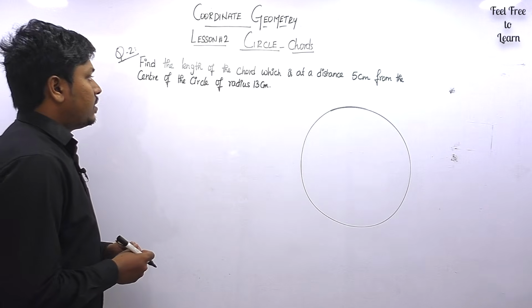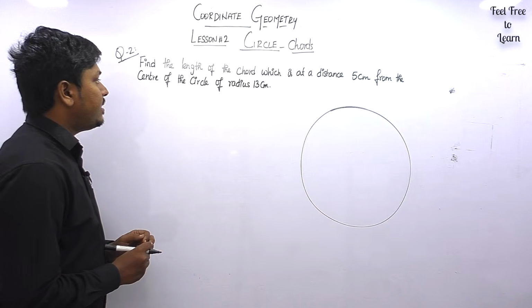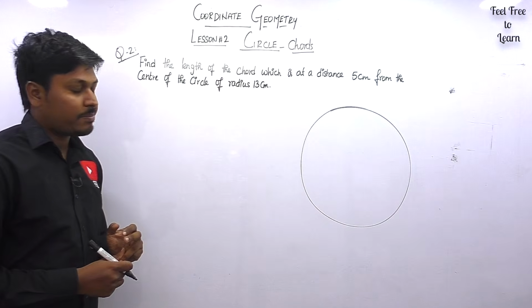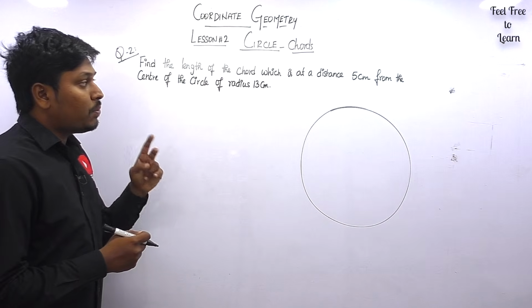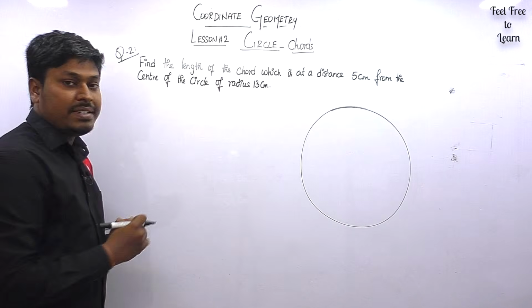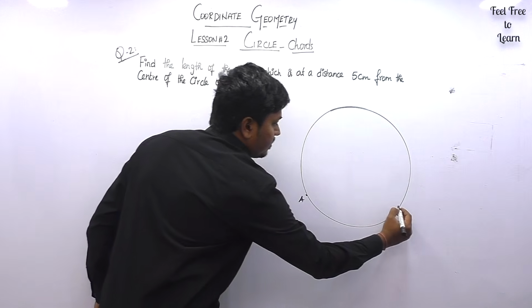Question number 2. Find the length of the chord which is at a distance of 5 centimeter from the center of the circle of radius 13 centimeter. So our target is to find the length of the chord, and two values are given. One is that the chord is at a distance of 5 centimeter from the center point, right? So similarly, let me assume A and B is the chord.